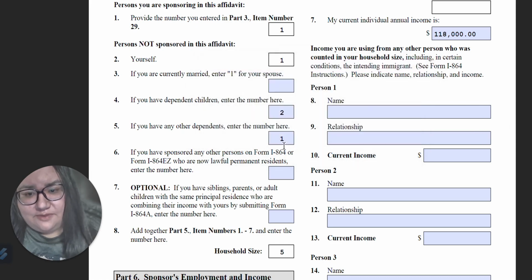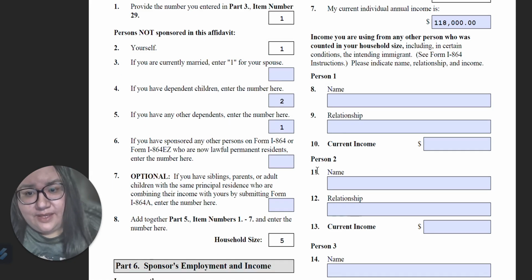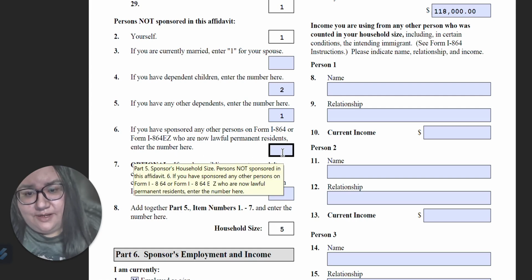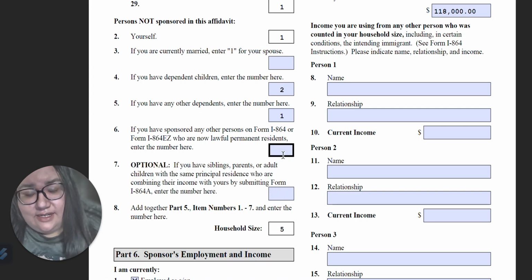Now I'm going to go ahead and mention what these other 2 boxes are, but in our scenario, we're not going to fill them out. This number 6 is where you would input anybody that you've previously filled out an affidavit of support form for, which is the form I-864. Now pay attention to where it says who are now lawful permanent residents. What does that mean?